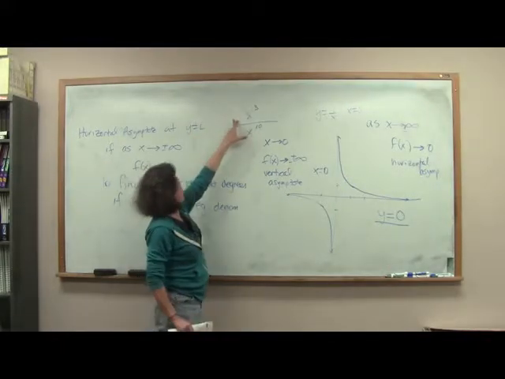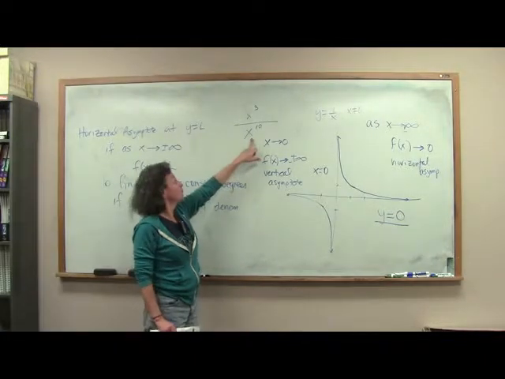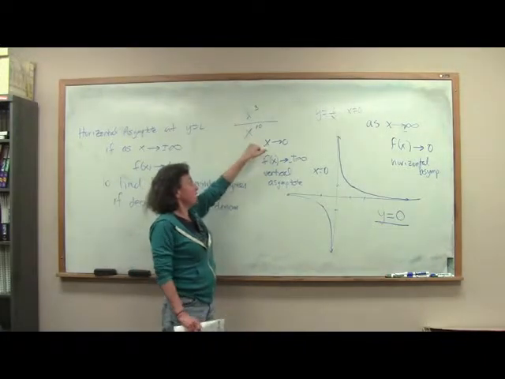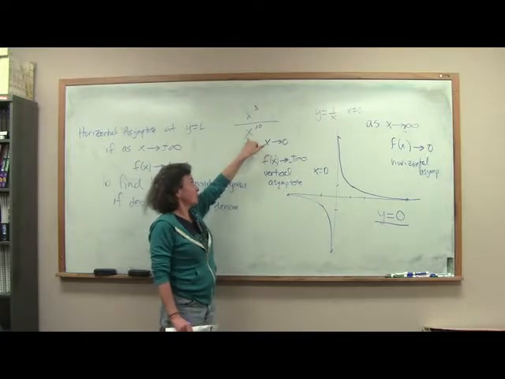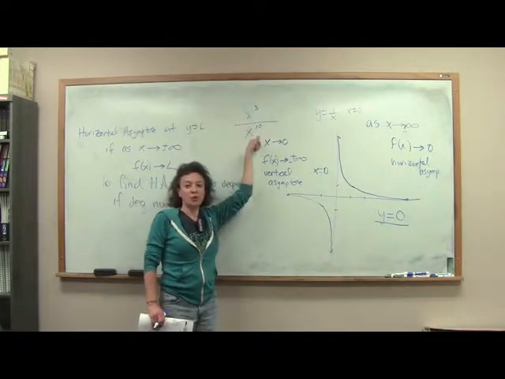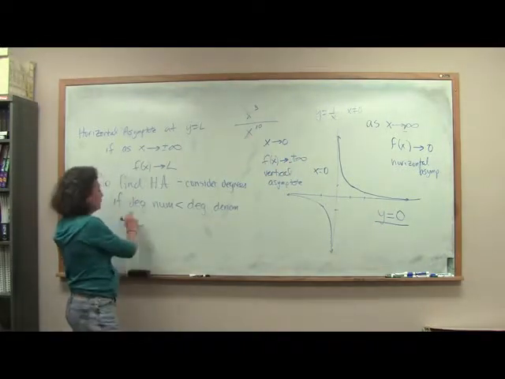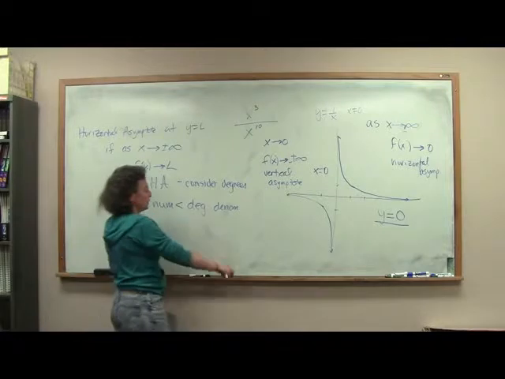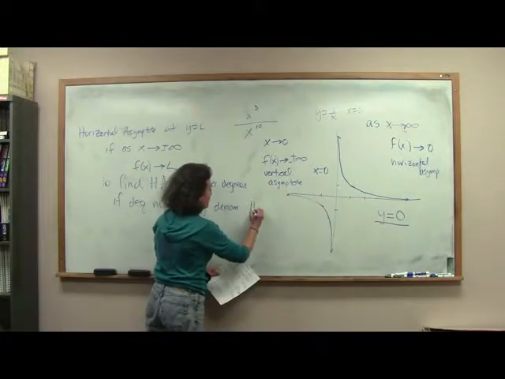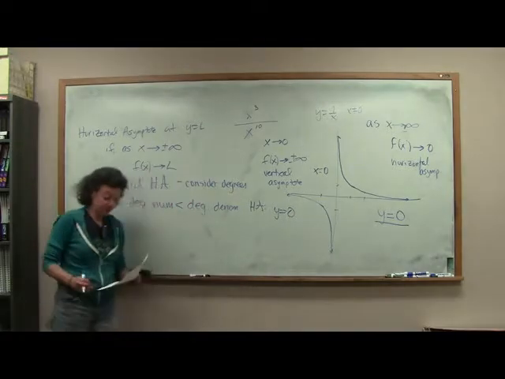Here, the degree of our numerator is certainly less than the degree of our denominator. As x gets really large, your denominator is going to overpower your numerator, which is going to take this whole thing to 0. So whenever the degree of your numerator is less than the degree of your denominator, your horizontal asymptote is always y equals 0.